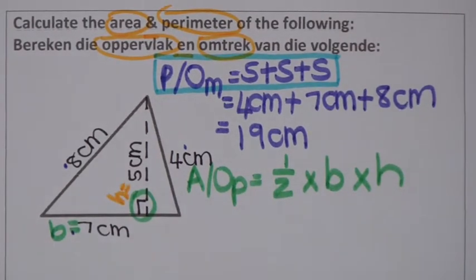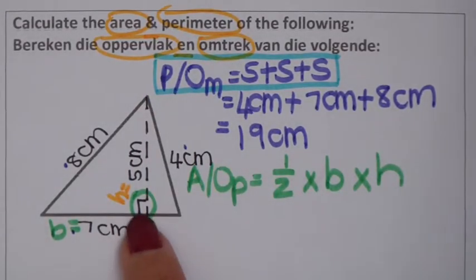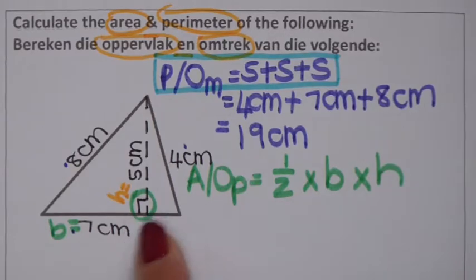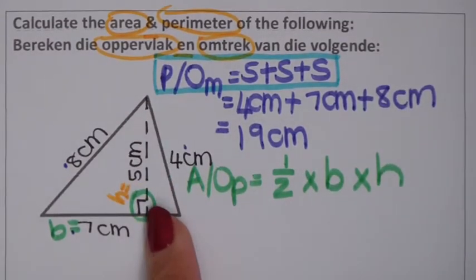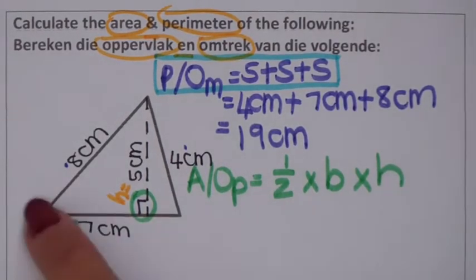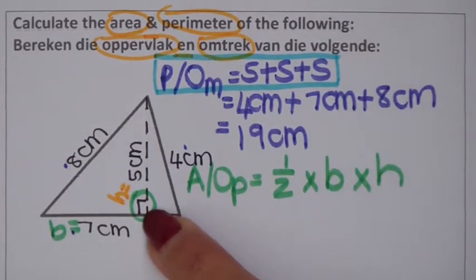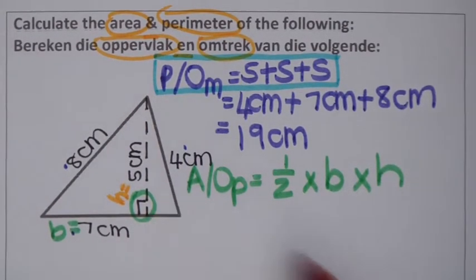So kom ons sê gaan Afrikaans, ons weet die hoogte is hier so die laagste punt tot die hoogste punt. Hy vorm 'n 90 grade hoekie, en hy's loodreg. Hy's loodreg, hy gaan reguit op. Wat is nou die basis? Die basis is die sy van die driehoek wat 'n 90 grade hoekie vorm met die hoogte.